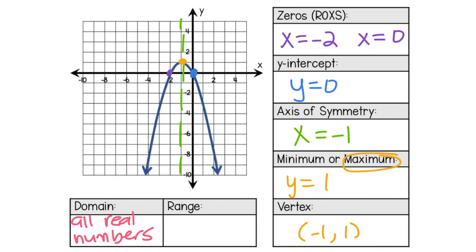And then for range, it stops about right here where I'm drawing my line. So I'm going to use the letter y, the number 1, and now I have to decide, do I want everything above that line or below that line? Well, I want below, so that's going to be the less than or equal to symbol.